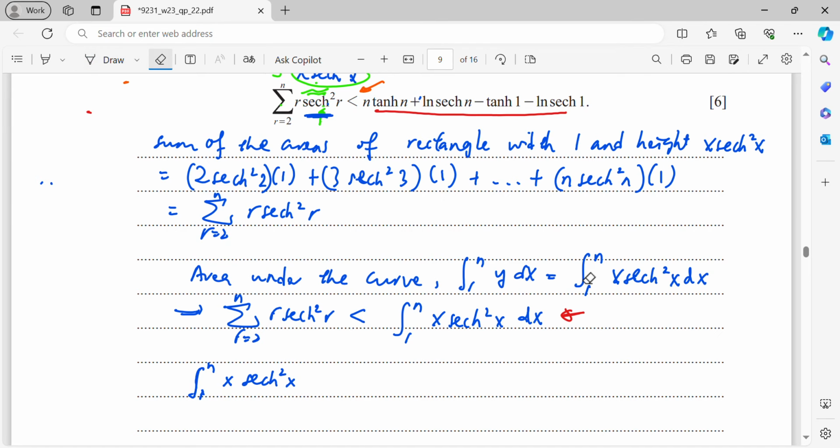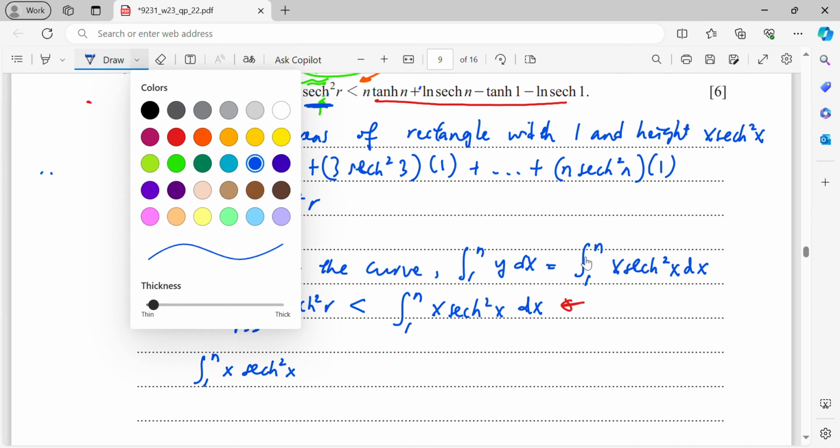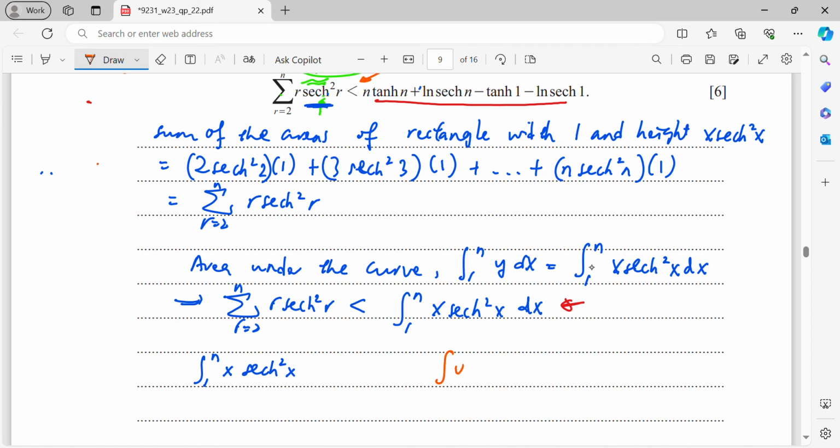So when I need to integrate this, I have to apply integration by parts. So I let u equals x. Probably I just show it here. Integration by parts: the integral of u dv over dx is uv minus the integral of v du over dx.